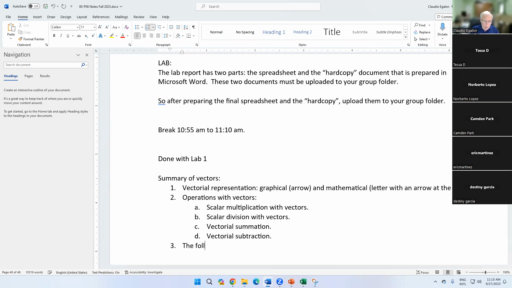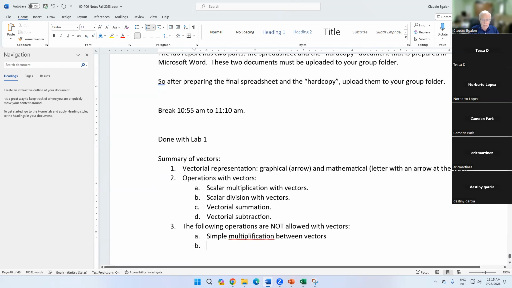The following operations are not allowed with vectors. What are they?